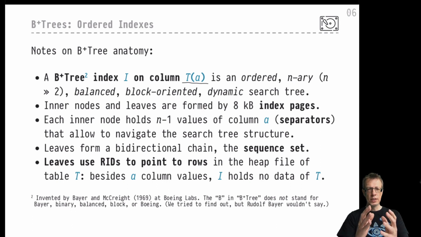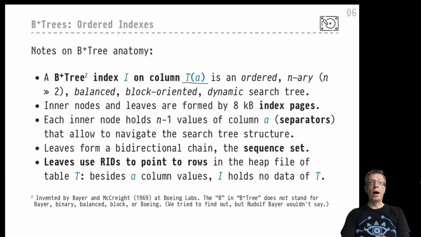The entries inside the 8 kilobyte index pages are very well ordered. It's an n-ary tree, and that relates to my comment about the many pointers that you will find inside an inner index page that points to many subordinate pages in the tree.